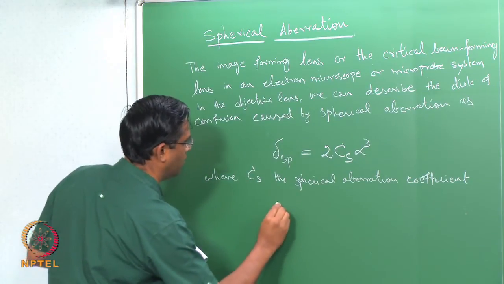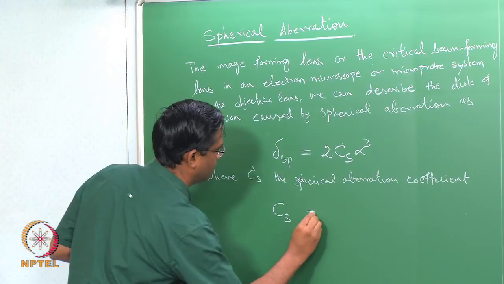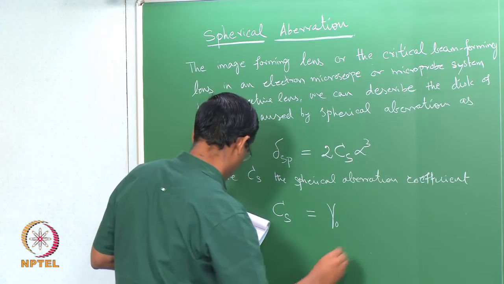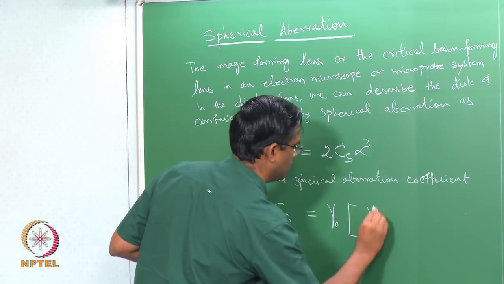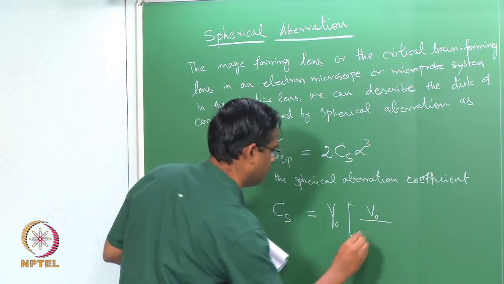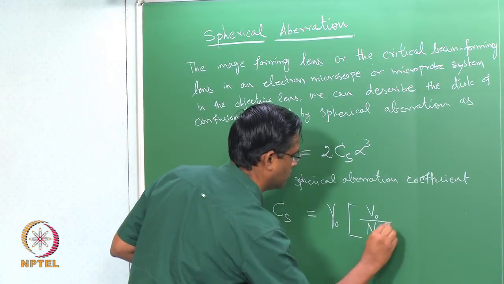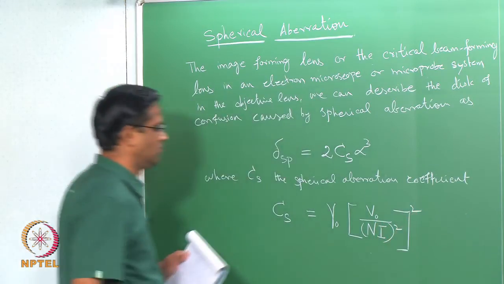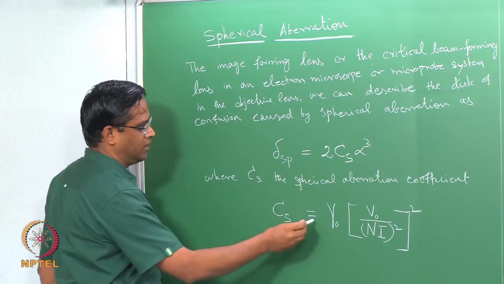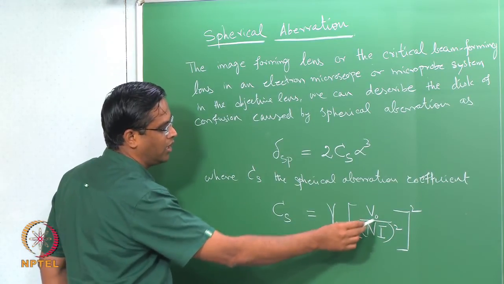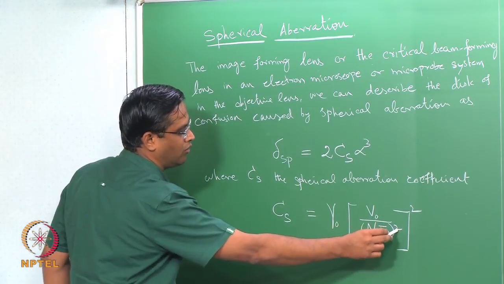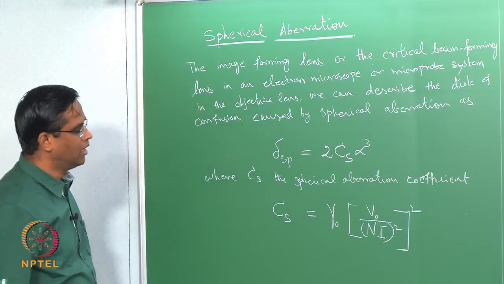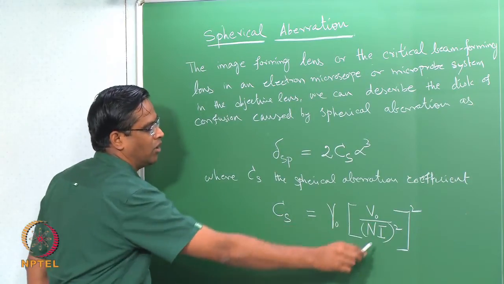which is also given by CS equal to gamma naught times V naught divided by Ni whole square, in brackets. So this expression you are familiar with already.